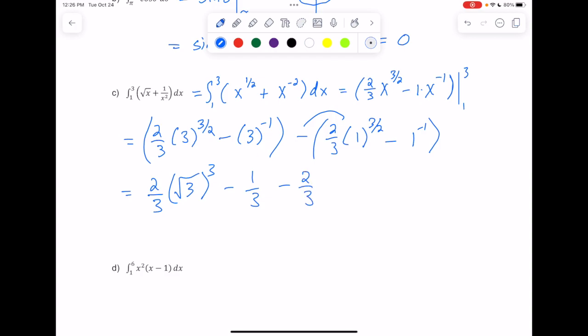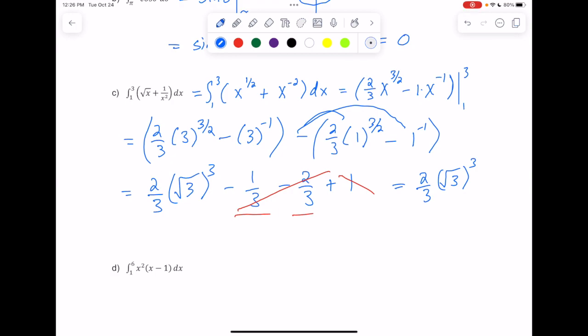And then 1 to the -1 is still a 1, and the two negatives between these two pieces make it a positive, so that becomes a plus 1. Notice that -1/3 minus 2/3 is -1, so that -1 will cancel off that +1, and we just end up with 2/3 times the square root of 3 to the third power.